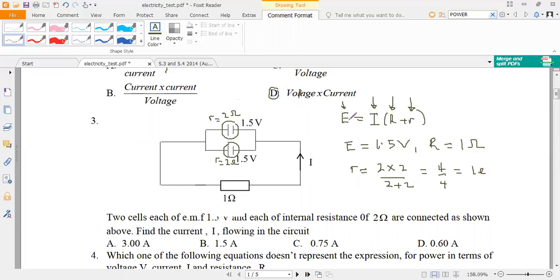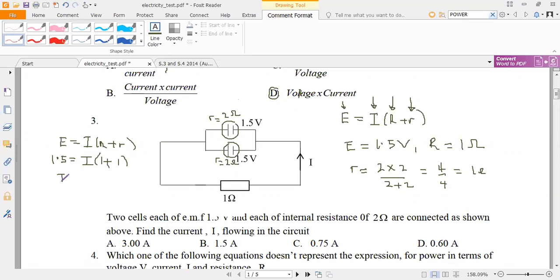So finally, we can go ahead and substitute what we have in the formula that we are supposed to use. If we substitute in the formula, which is E equals I into R plus r, E is 1.5 volts. So we shall put here 1.5 is equivalent to the current I that we are looking for, into R, which is 1, plus the internal resistance, which is also 1 ohm.